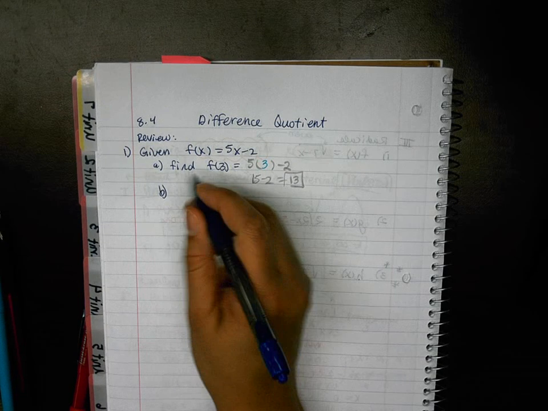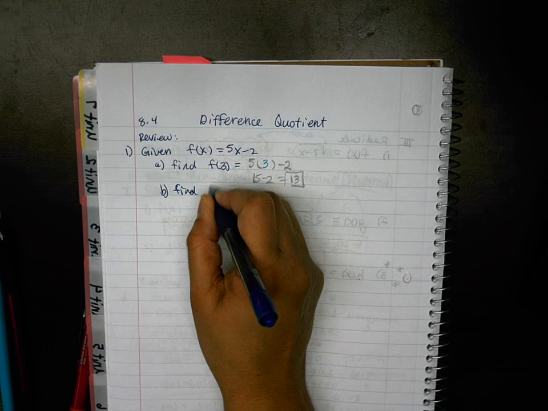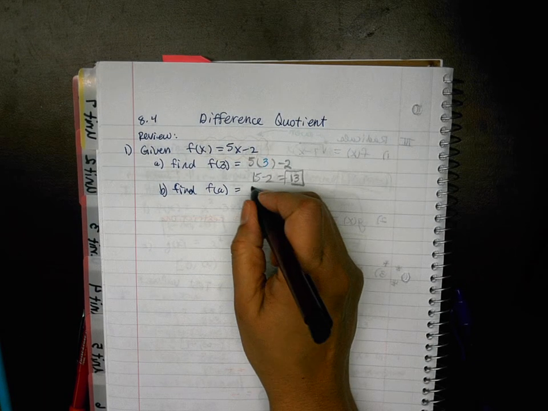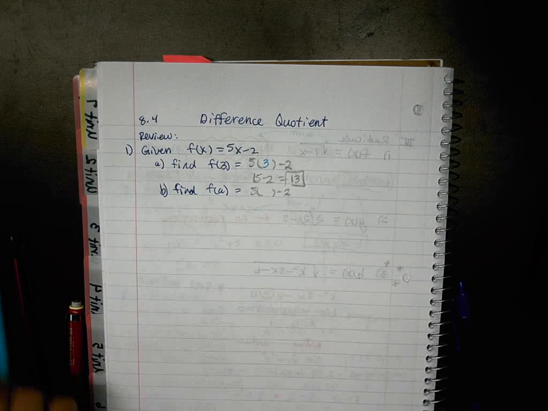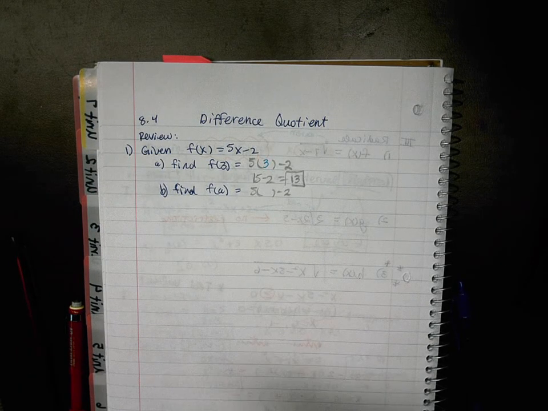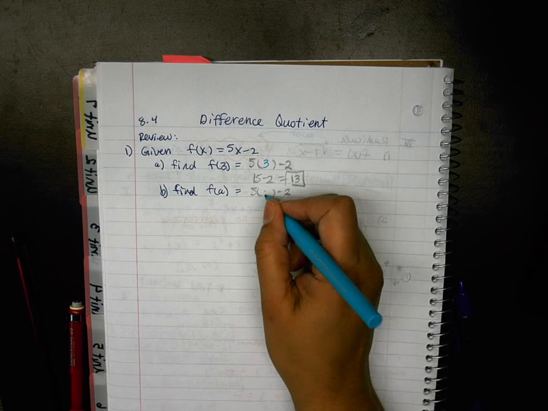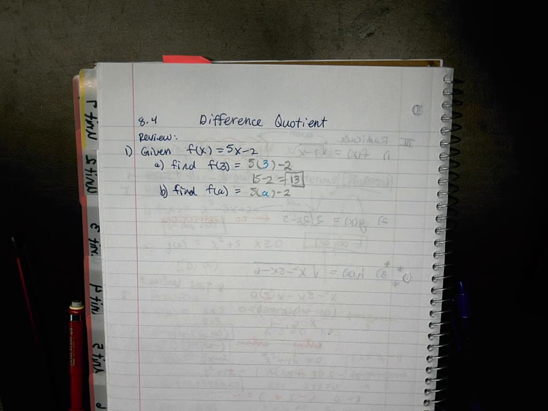Okay, part B, find f of A. So set it up again, 5 blank minus 2. What goes in the blank where the x used to be? A. Because I'm finding f of A. Do you guys see the differences, the similarities?